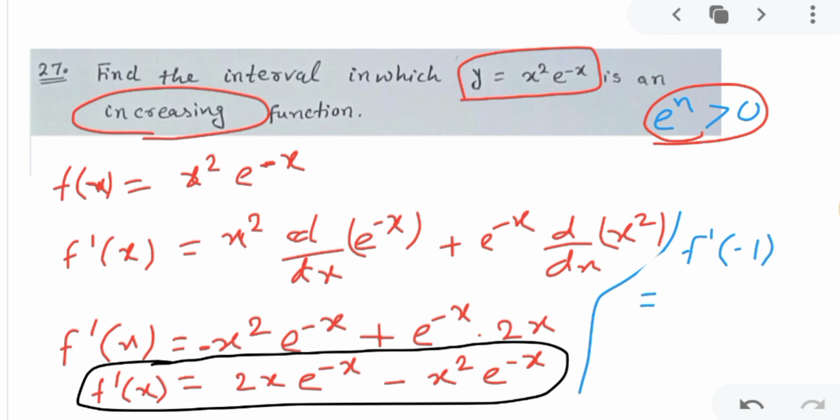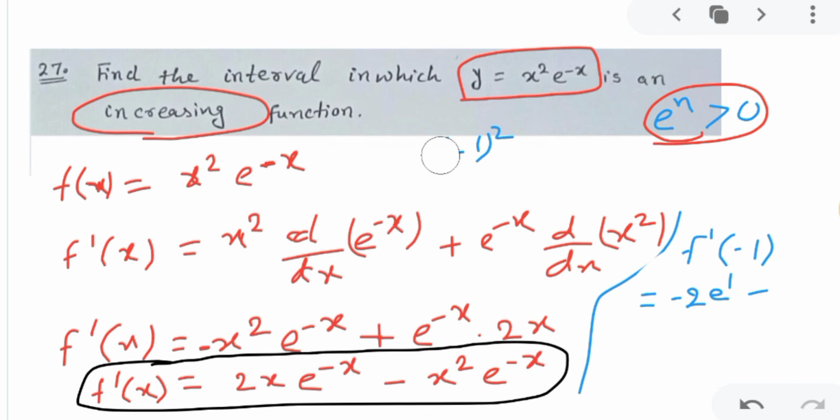So in this I will put x as minus 1. 2 into minus 1 will be minus 2, and e to the power minus x. Minus x will be 1, since x is minus 1. So e to the power 1. And minus 1 square will be plus 1, because minus square will be plus and 1 square will be 1.